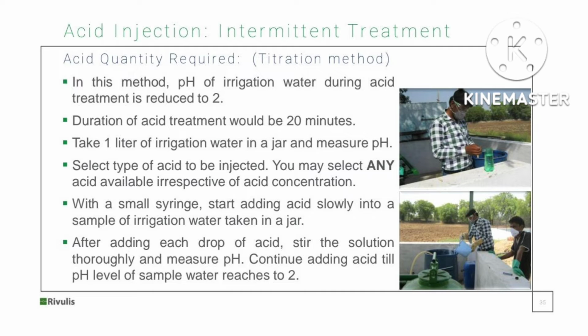With a small syringe, start adding acid slowly into the sample of irrigation water in the jar. After adding each drop of acid, stir the solution thoroughly and measure pH. Continue adding acid till the pH level of the sample water reaches 2, and with pH paper we have to check whether it reaches 2 or not.